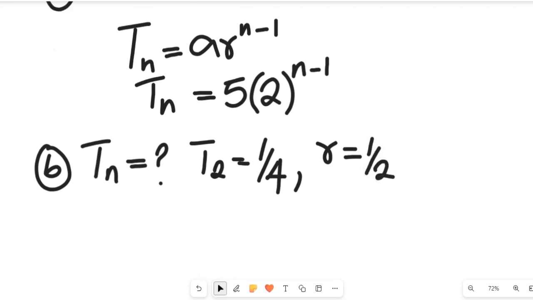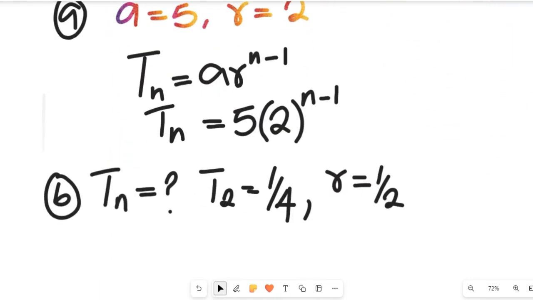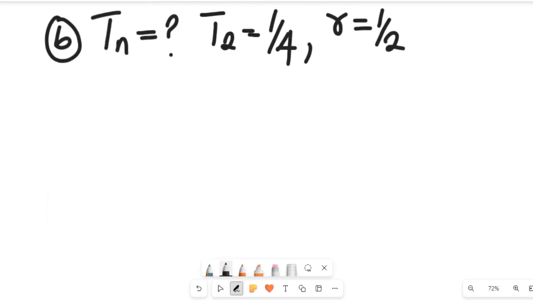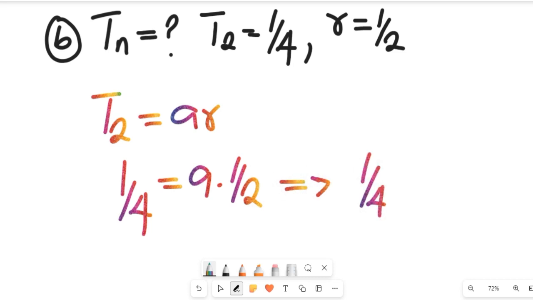Now remember the second term of a geometric progression is AR. So T2, which is given to us as 1 divided by 4, is equal to A multiplied by 1 divided by 2. So this will give us 1 divided by 4 equals A divided by 2.